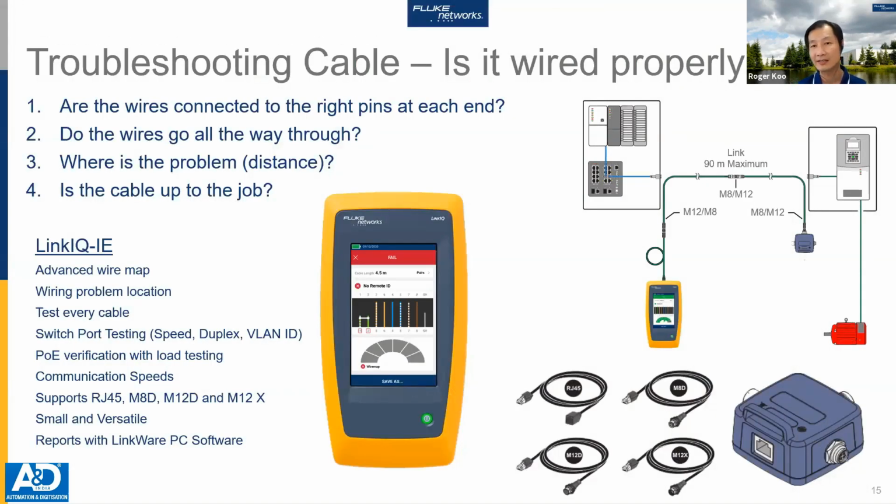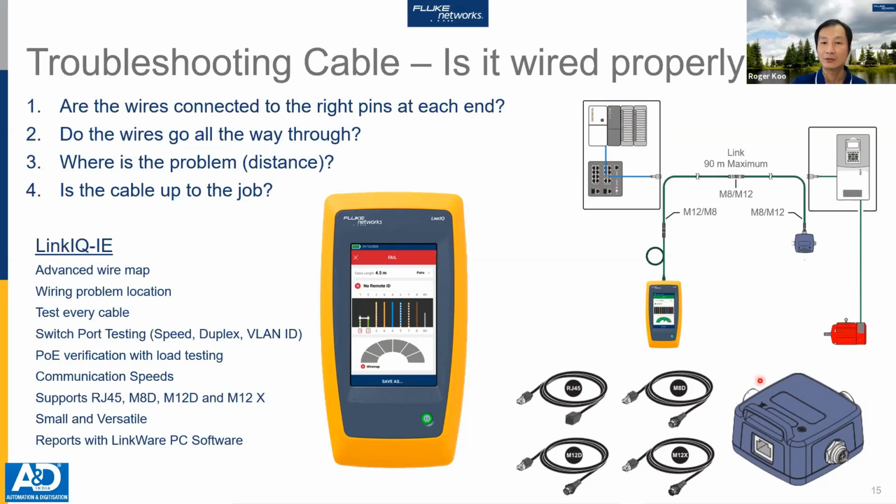Now, miswiring is the biggest source of issues in data cabling. The simplest of problems can lead to large issues in any IE network. You can see from this diagram to the right that we have placed our terminator at the far end. Let me just highlight it, which is right here. It is terminating the M12 X-coded connector.